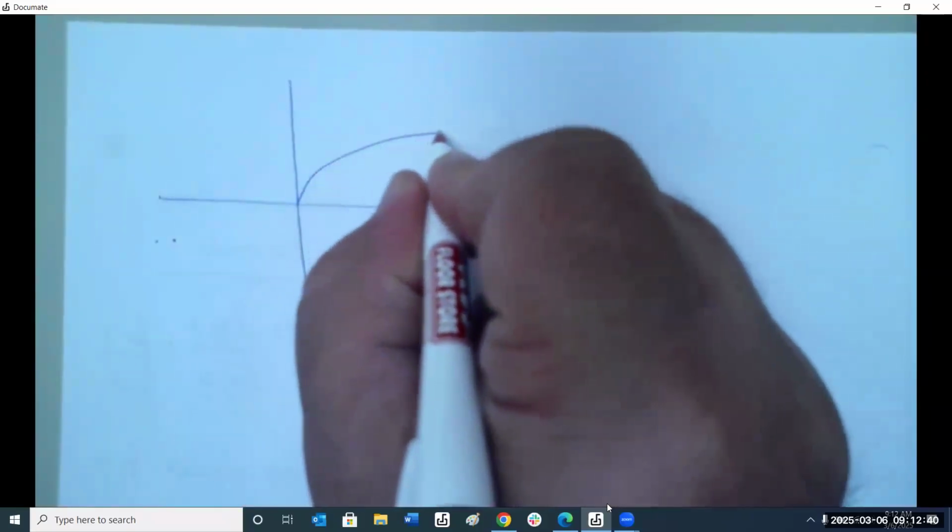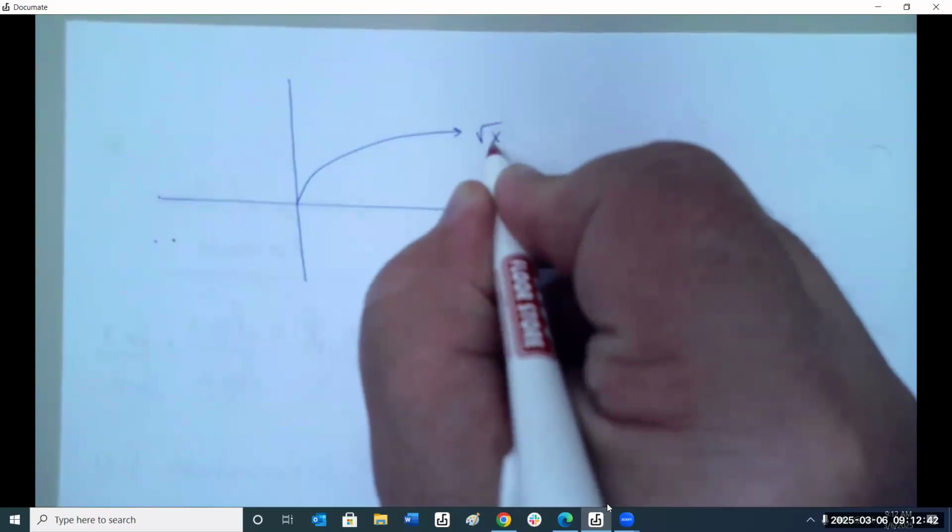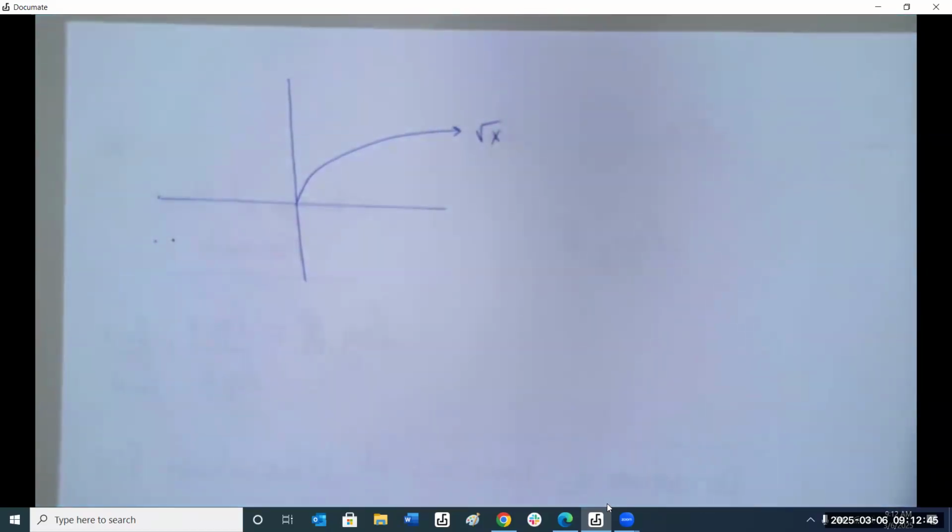Why? Okay, what are the graphs of inverses? If we had an equation that looked like the square root of x, what would the inverse function look like?